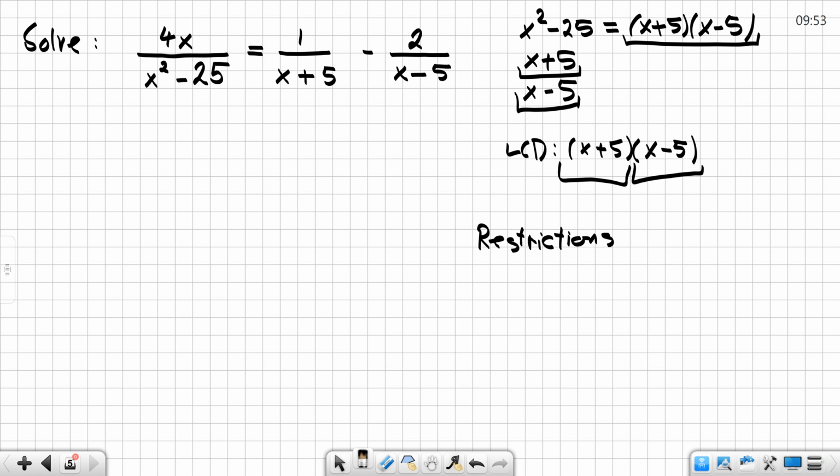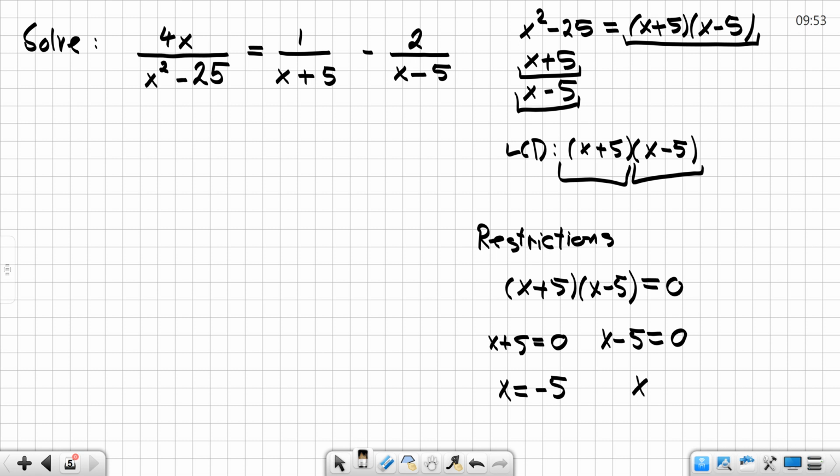Well, we said we just have to set the denominators equal to 0. If I just look at the first one, x plus 5 times x minus 5, set this one equal to 0, then I see that either the first or the second factor has to be equal to 0, and that means that one restriction is negative 5, while the second restriction is positive 5.